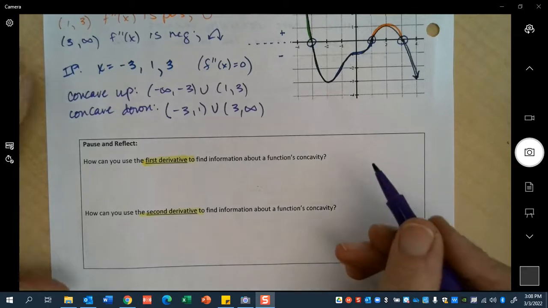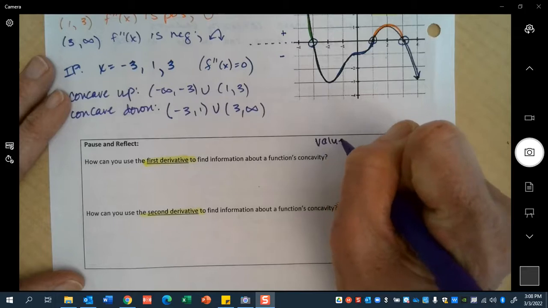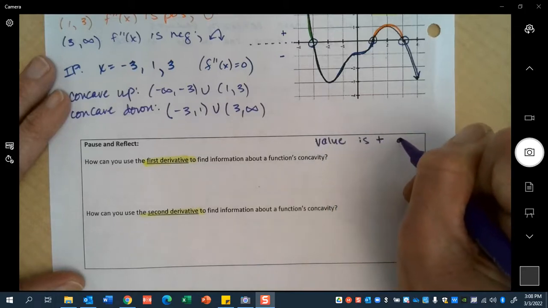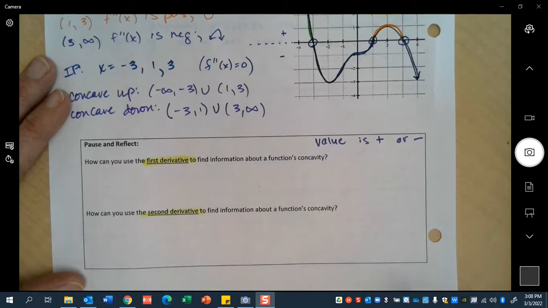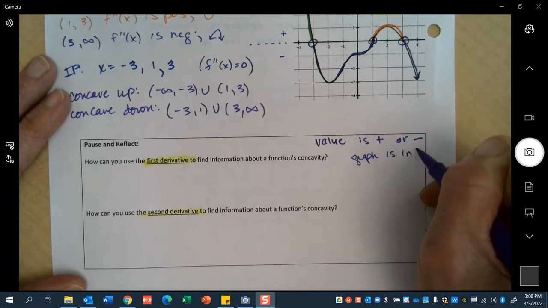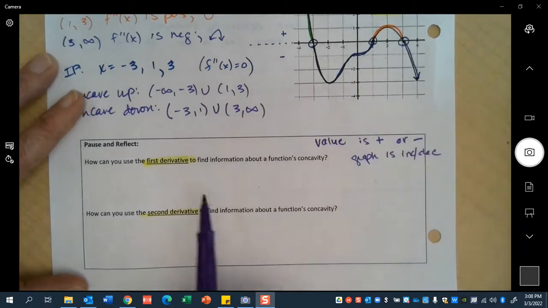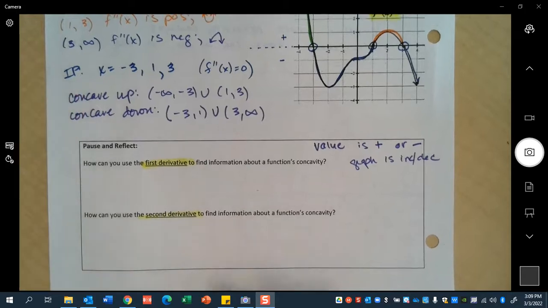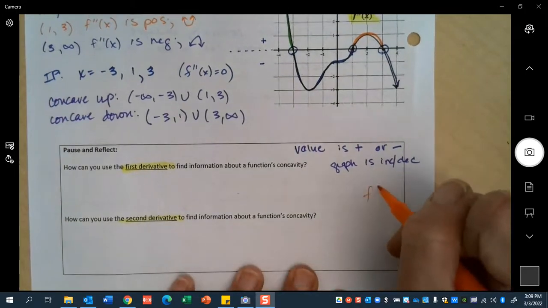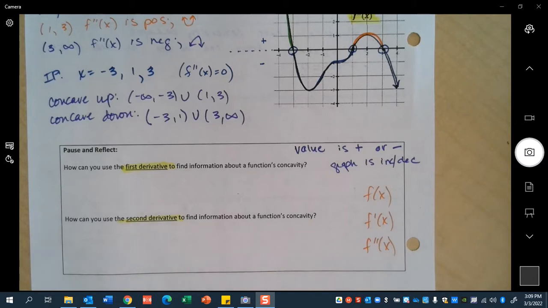And when you have your thoughts, I want you to think about whether the value is positive or negative, and whether that means that my graph is increasing or decreasing, and what that means in each of the different conversations between my original function, my derivative function, and my second derivative. I'm looking forward to reading your thoughts.